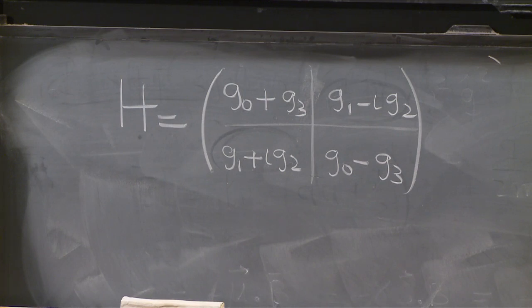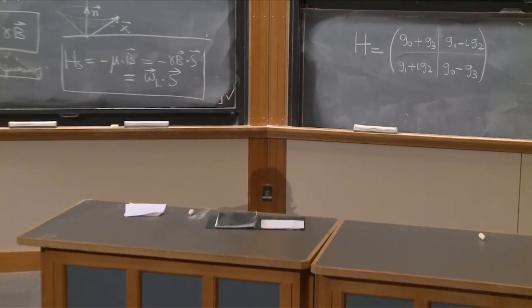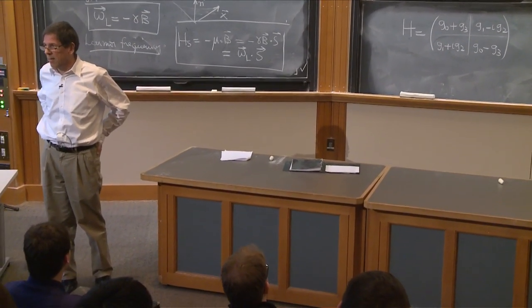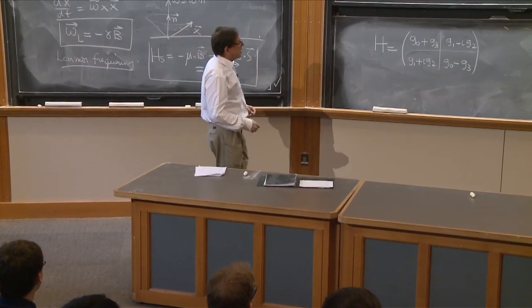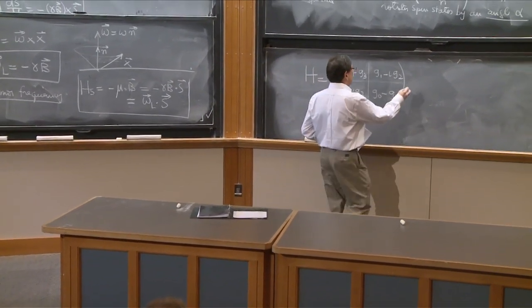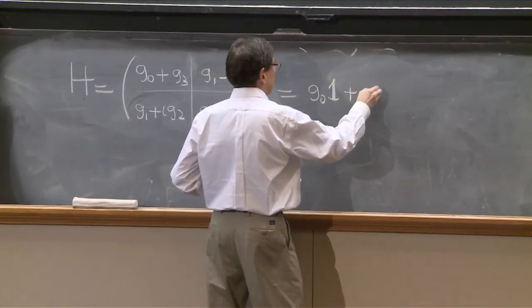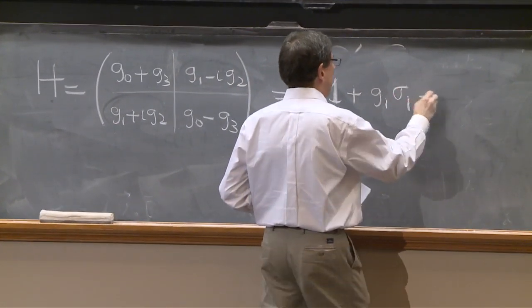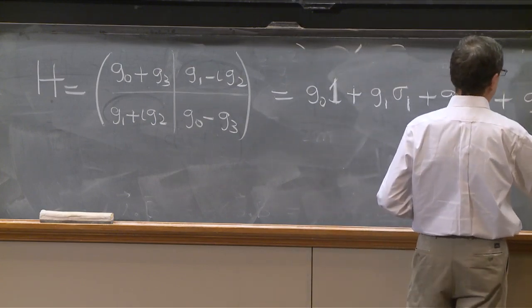If those were time-dependent functions, this is the most general Hamiltonian ever for a 2x2 system. It doesn't get more complicated. That's a great advantage of this. But I've written it in a way that you can recognize something. You can recognize that this is G0 times the identity plus G1 times sigma 1 plus G2 times sigma 2 plus G3 times sigma 3.